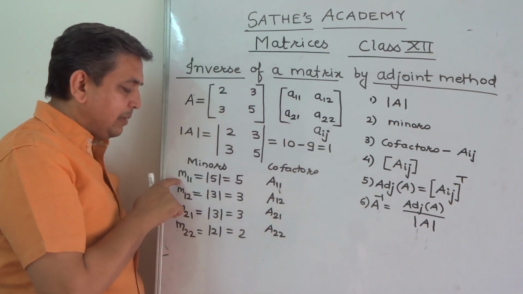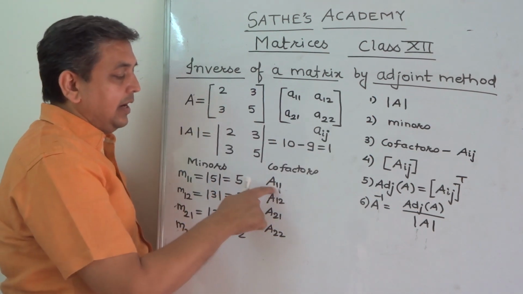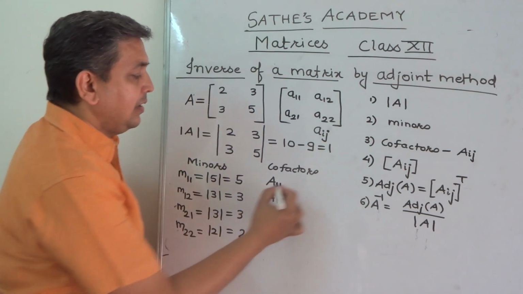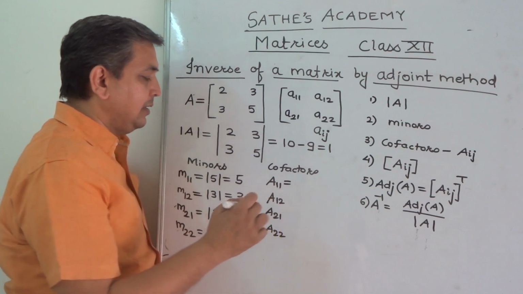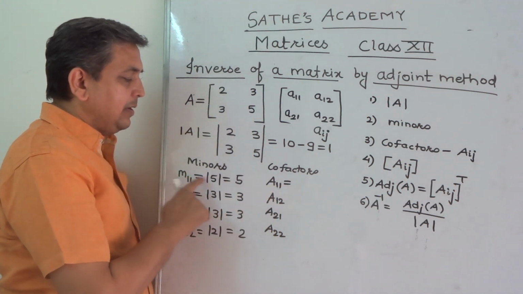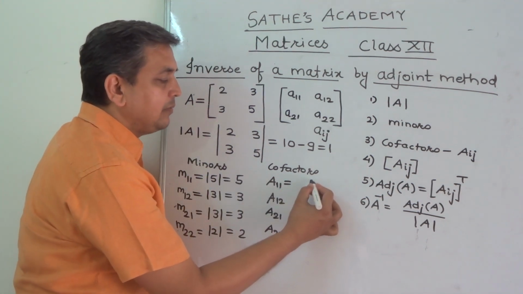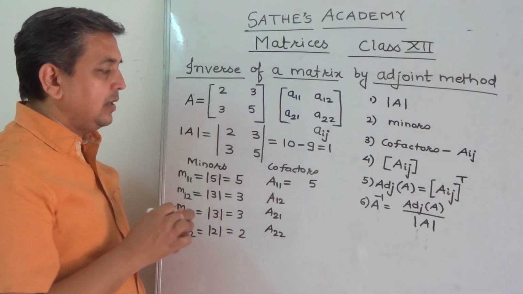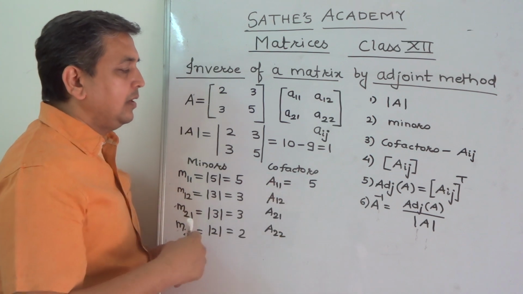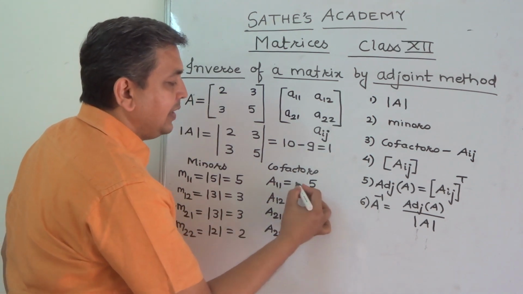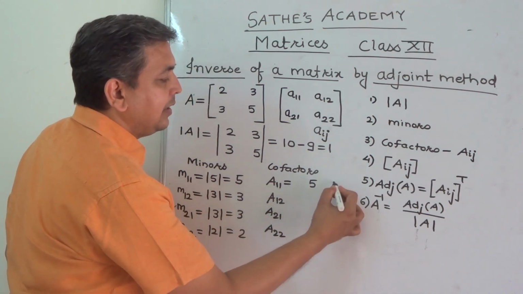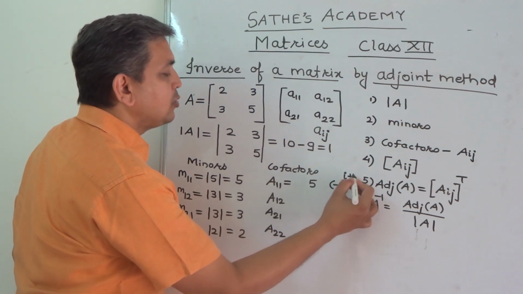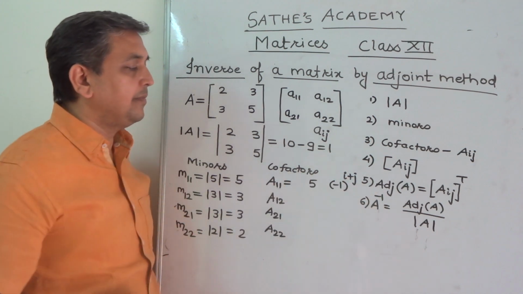Minors we have denoted by small m, and cofactors are denoted by capital A. Now how to find A11? Cofactor of this element, the value will be the same, 5. We have to put proper sign, plus or minus. Now which sign do we put? The formula is, we have to multiply it by -1 raised to the power i plus j.